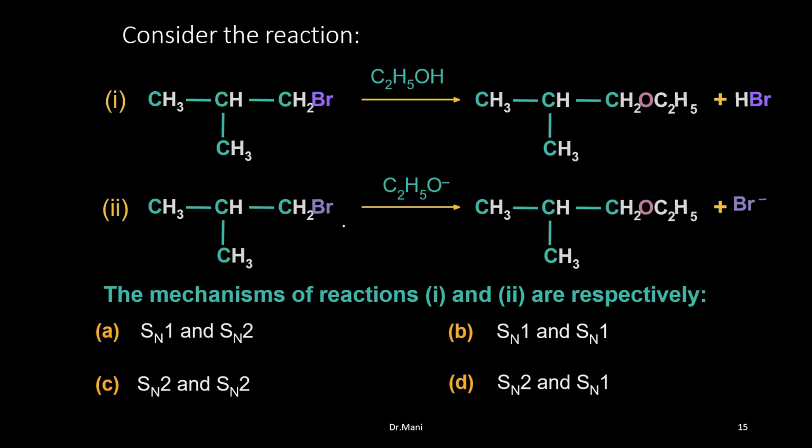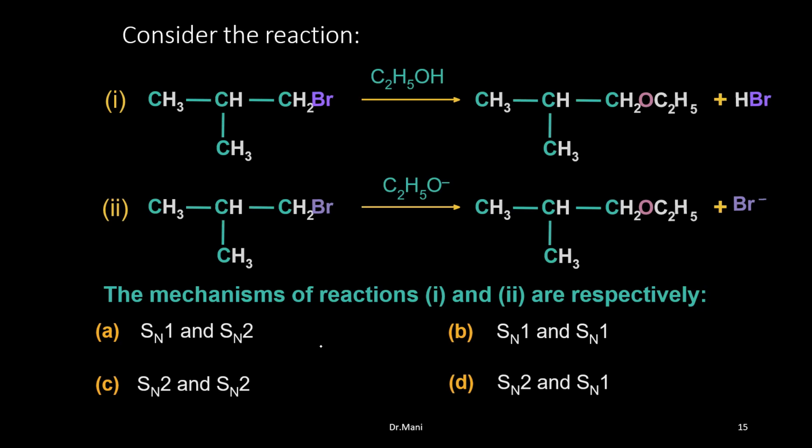See, what is the basic difference between SN1 and SN2? At least tell me, if there is a carbocation formation, is that an SN1 reaction or an SN2 reaction? SN1. If there is no carbocation and it directly turns into the final product, it is SN2.